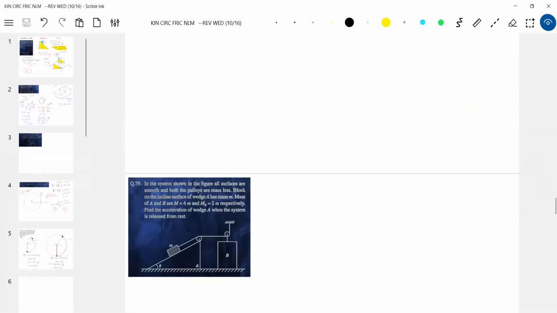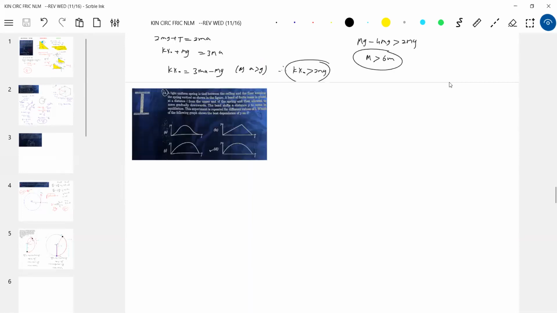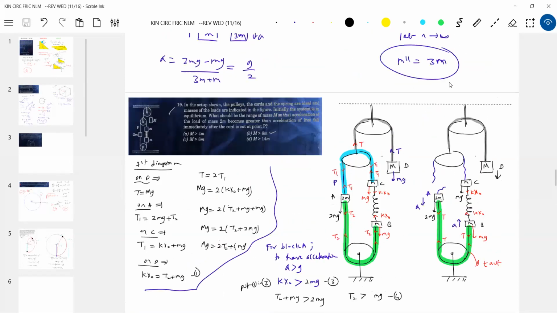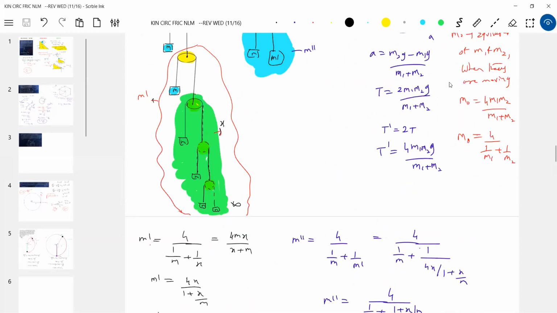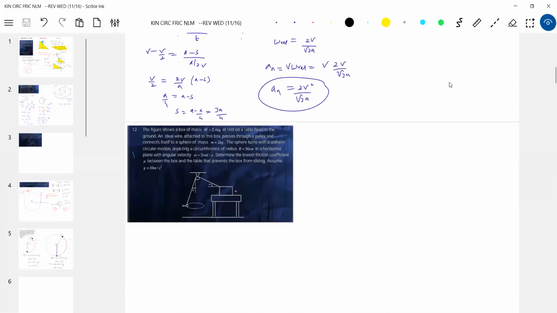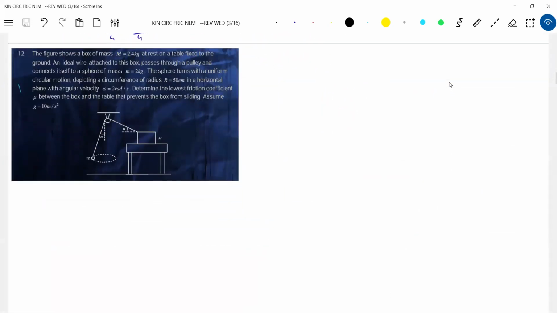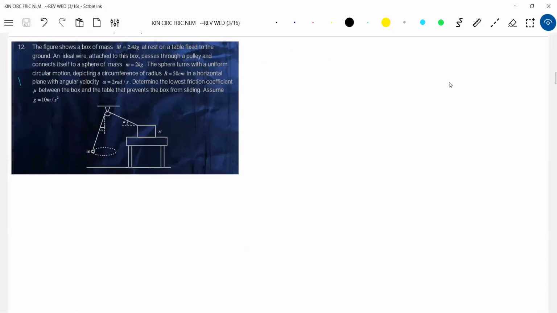Okay, I'll take this one. One more question about circular motion, simple. A conical pendulum is mixed with the friction concept.